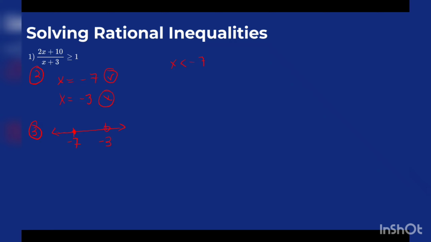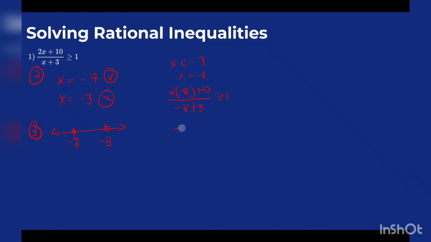So let's say we want to make use of x equal to negative 8. So we'll have 2 times negative 8 plus 10 over negative 8 plus 3 is greater than or equal to 1.